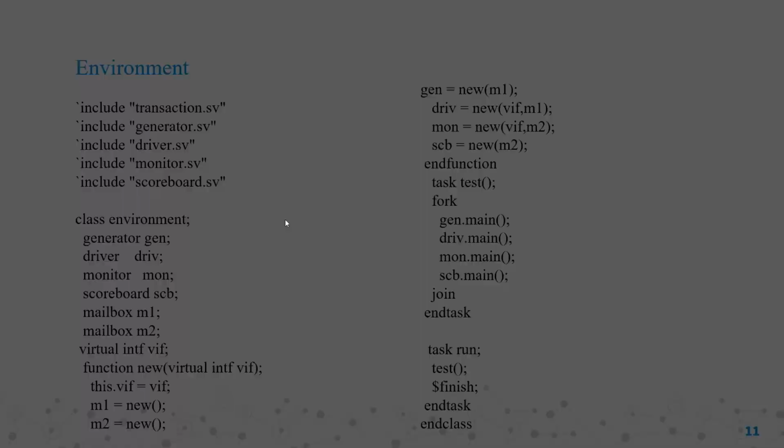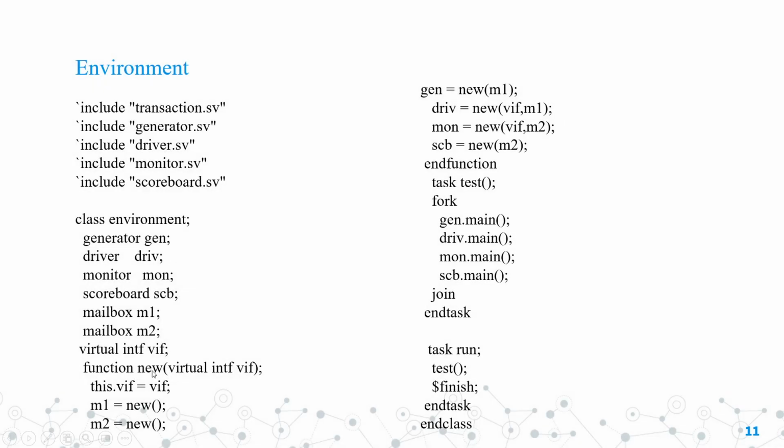Here also I am writing a new function so that I can call this new function from the test file test.sv, which can be called from the top level test bench. In this new function, I am giving the input as a virtual interface, and declaring this virtual interface as the virtual interface declared within the class, and creating objects for the mailbox so that memory will be allocated for the mailbox.